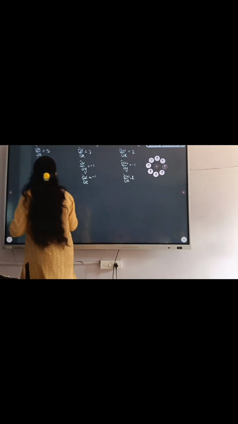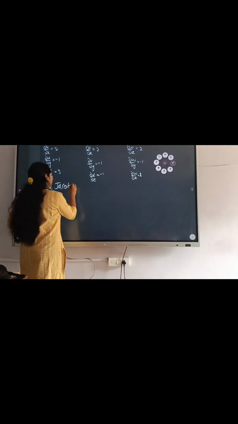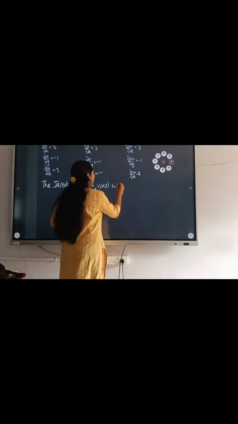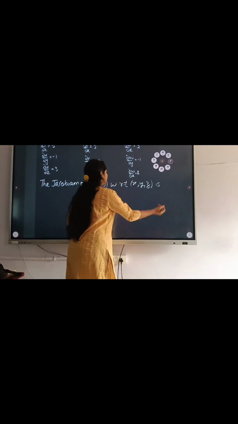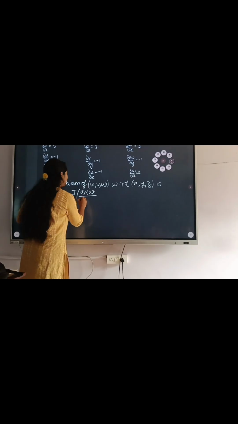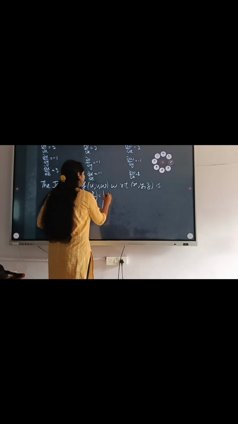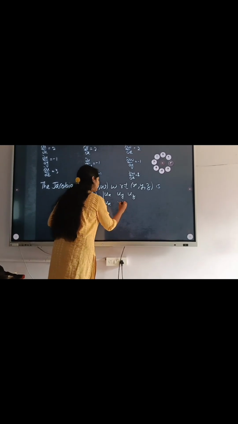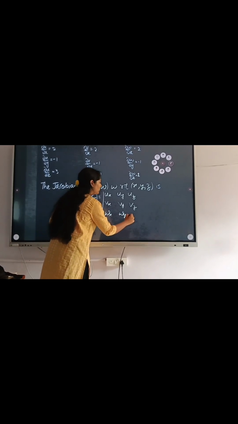Then the Jacobian of u, v, w with respect to x, y, z is the determinant with rows u of x, u of y, u of z; v of x, v of y, v of z; w of x, w of y, w of z.